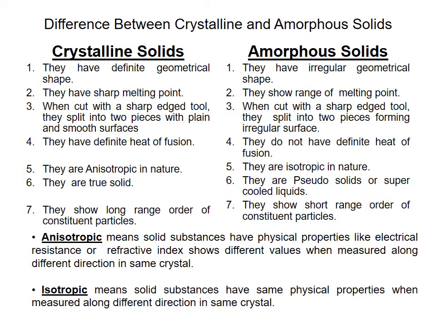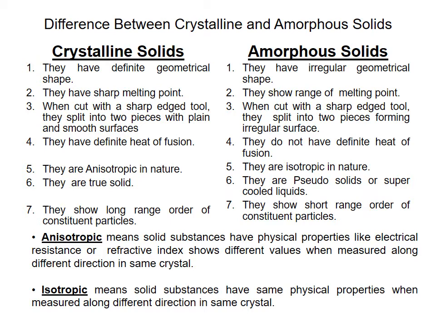The fourth point is that crystalline solids are anisotropic in nature, whereas amorphous solids are isotropic in nature. Now, what is the meaning of anisotropic?